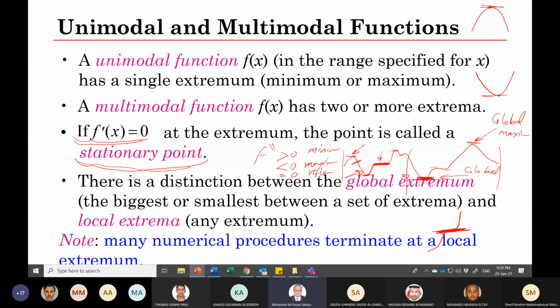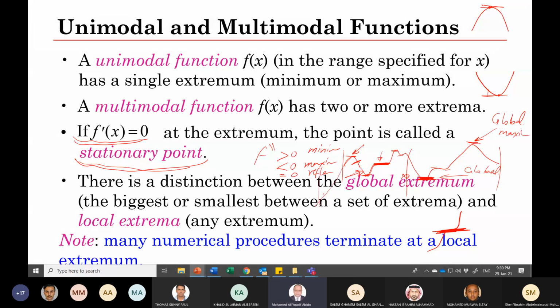Sometimes the technique can diverge rather than converge.